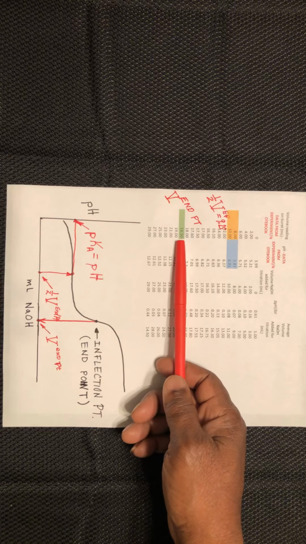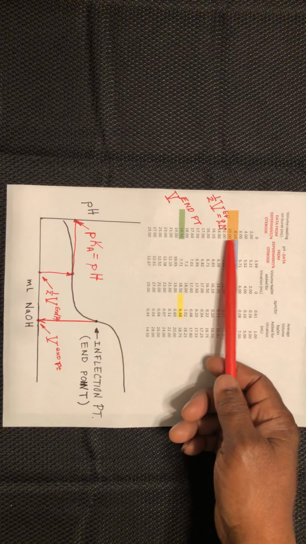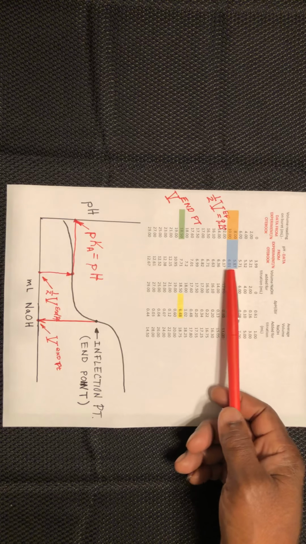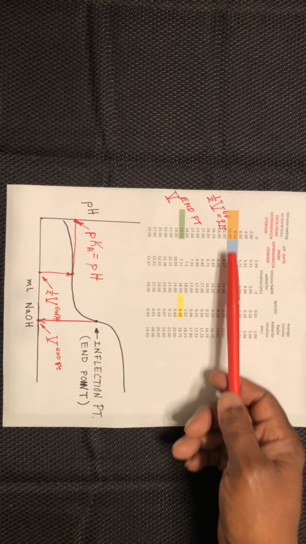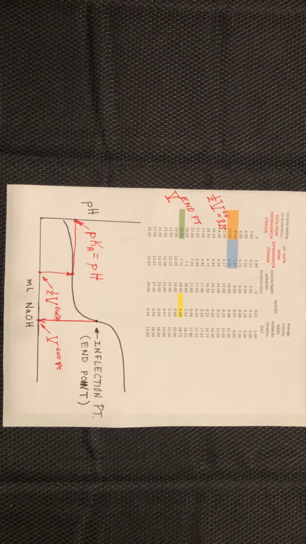Now the volume at the end point, we want to take 1/2, and then we want to estimate what the pH is at the 1/2 volume point. Okay? Now, so that's how we do the pKa.